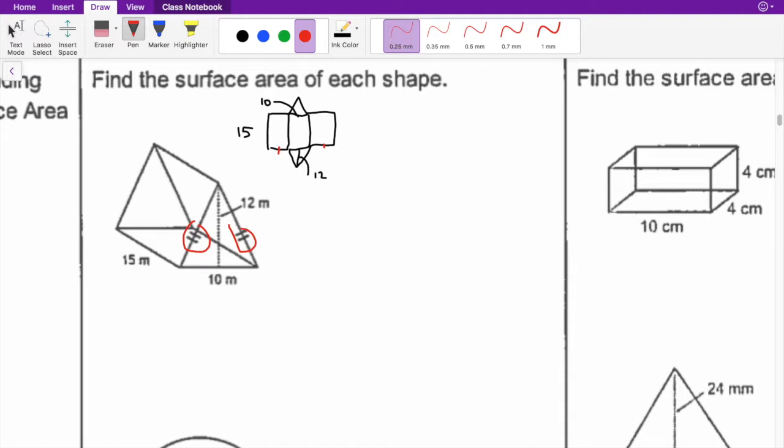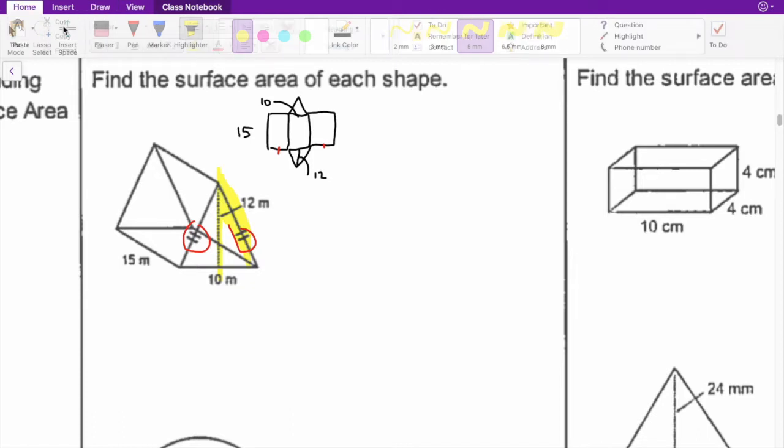We don't know those. Because if we find the area of this rectangle, that rectangle, and add up these two triangles, we know that's going to be our surface area, right? But we don't know this part and this part. But if we look here, this draws a horrible way with, let's try that again.